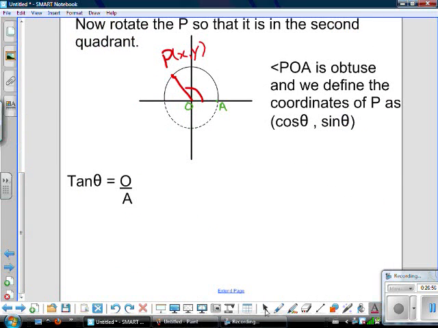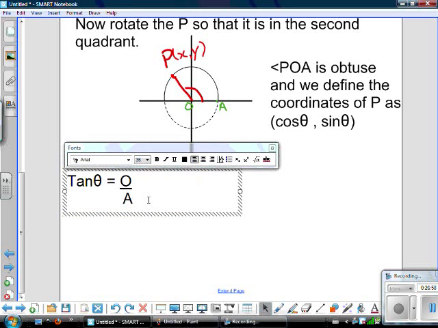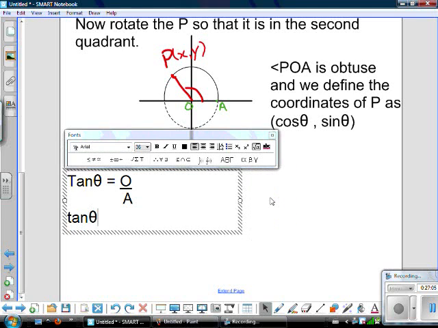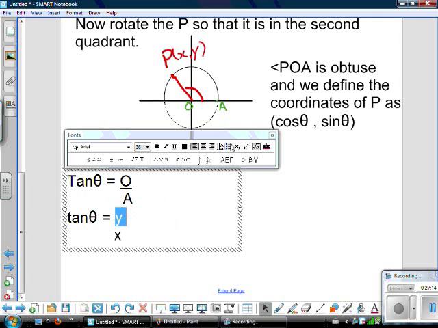So what we end up with, and we'll continue this, is that tan of our theta also equals y over x. Now, furthermore, you know what y equals and what x equals because we've already defined that. We defined that the x is cos and that the y is sine.